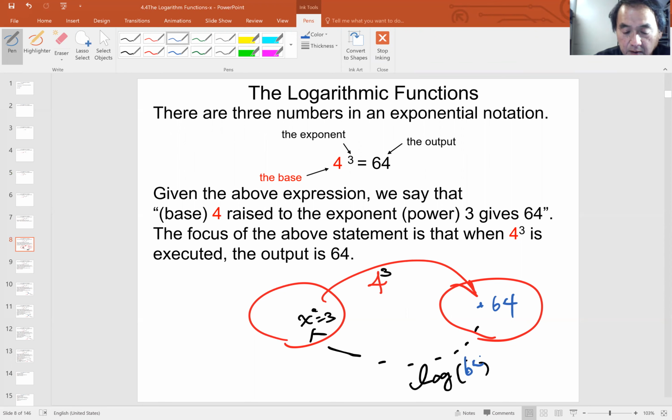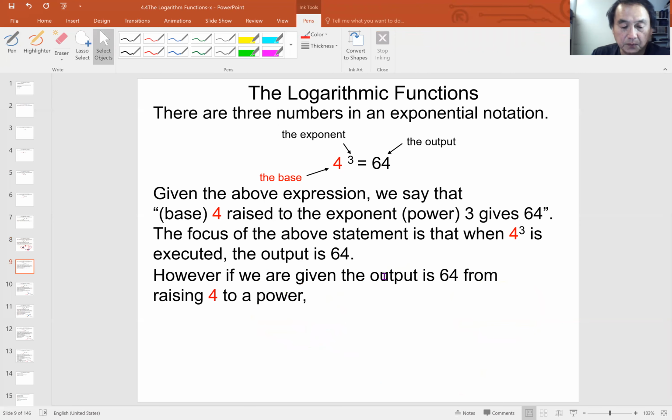Okay, and what does it give? Well, it gives you the answer for what exponent it's going to be. It's going to be 3. In particular, because the base is 4, we put the little 4 there to indicate it is associated with base 4, because there are a lot of other bases. Okay, and basically that's it. The log is the inverse of the exponential formula.